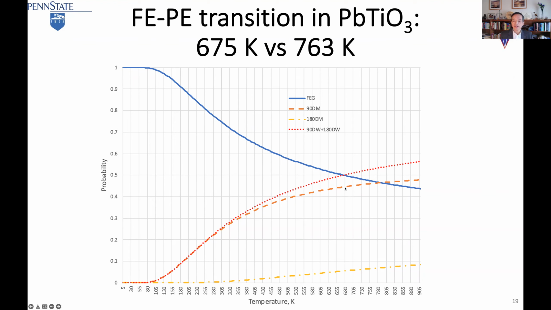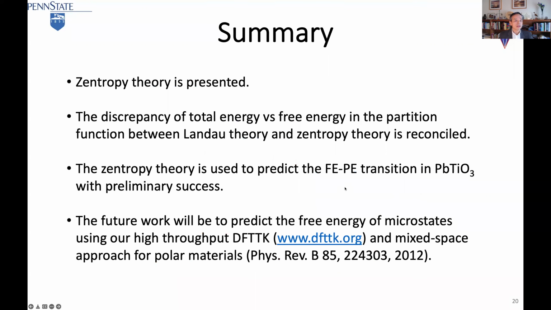So that's in agreement with experiments. So we're very encouraged. What's next is that we're going to continue to work on this one, finish the calculations very soon, and publish it.